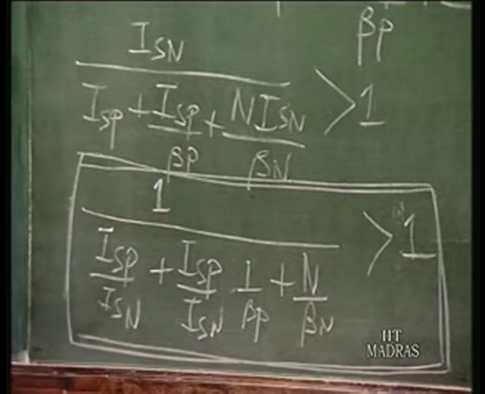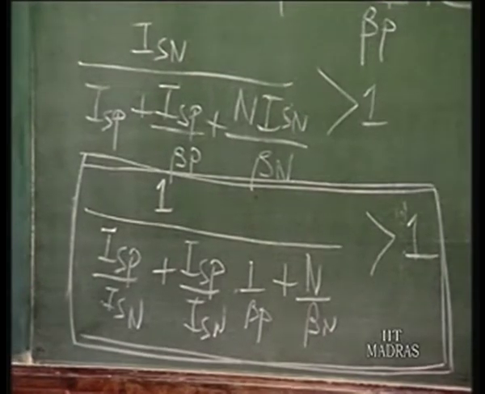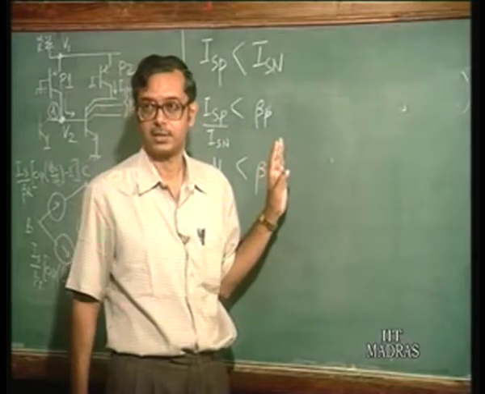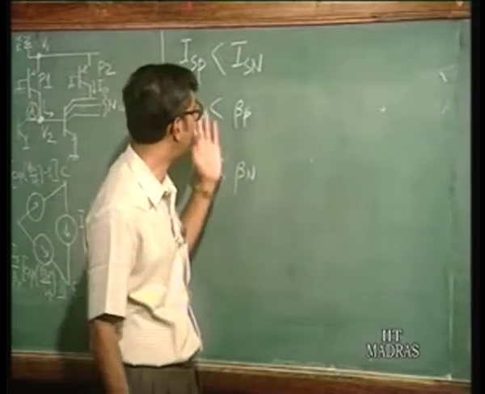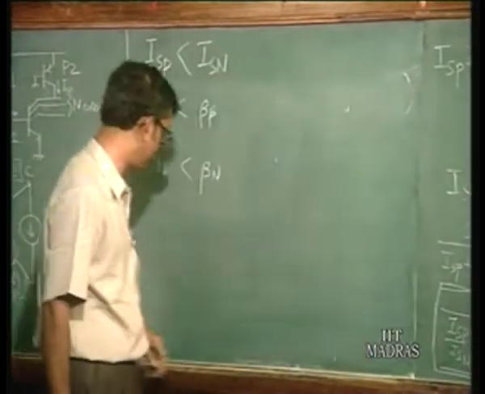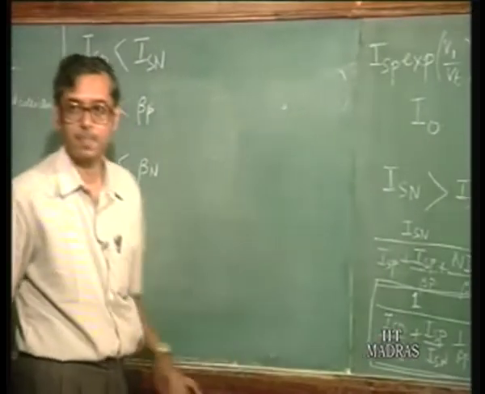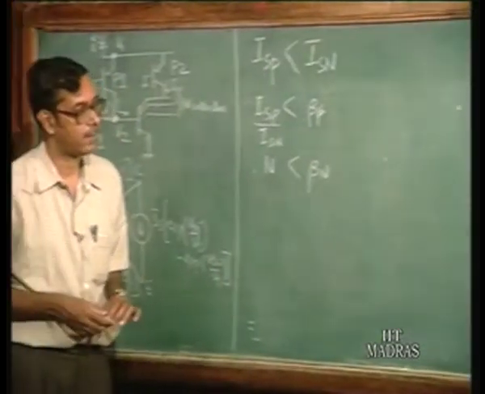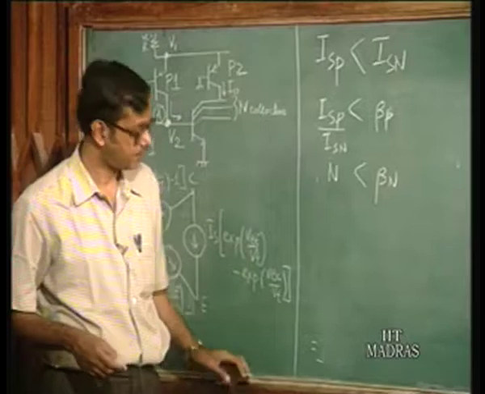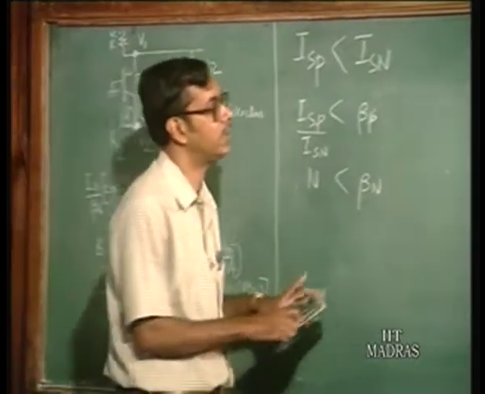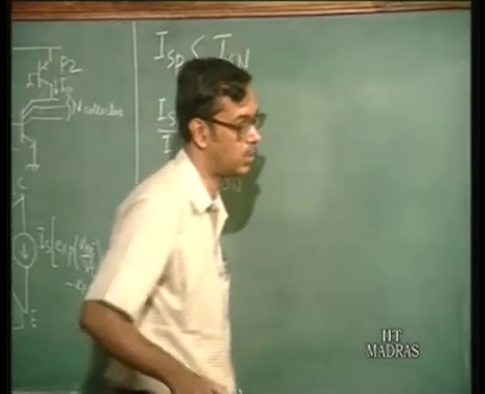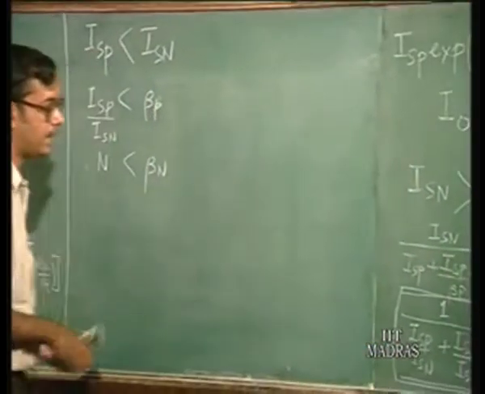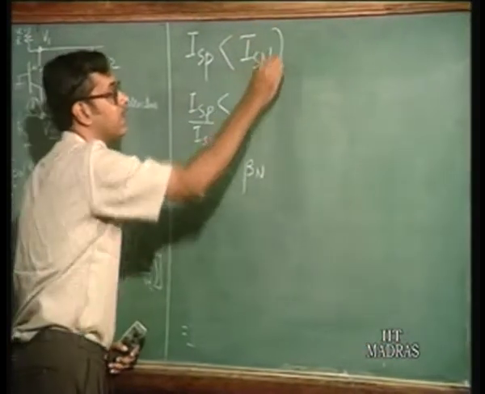So, these are necessary conditions which must be satisfied, but not sufficient conditions. So, we must make them as small as possible. Another term which is very often used, if you again go back to this, is called the beta. So, these conditions must be satisfied.